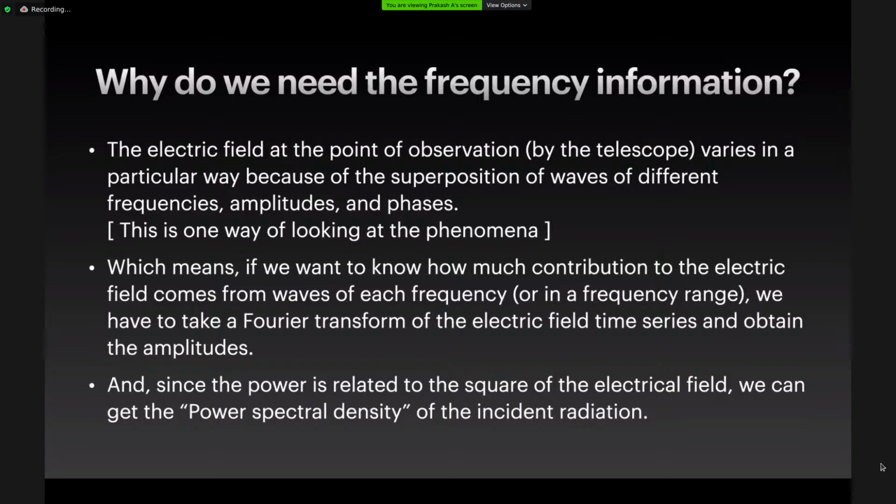Let's say there are monochromatic waves, that is waves of individual frequencies, that are superimposing and then creating the net electric field that is produced at a point and we are trying to measure. And essentially, if you take a Fourier transform of this change of the electric field with time, you will get the individual frequencies that went into determining the time behavior of this electric field.